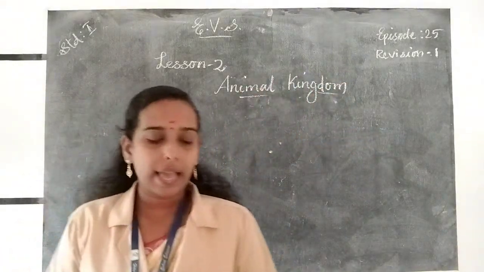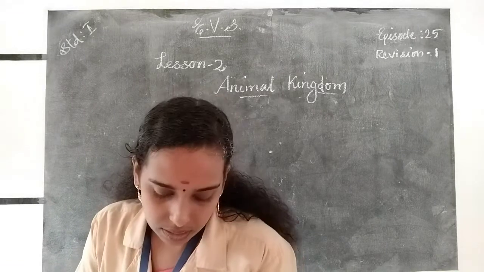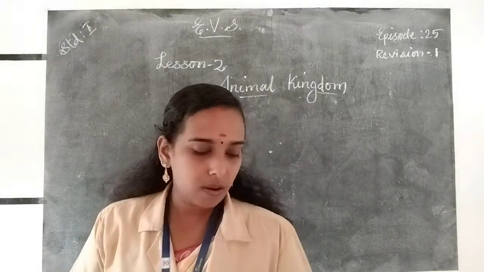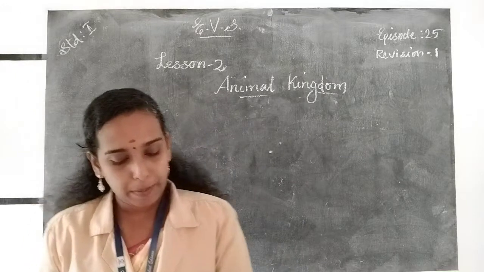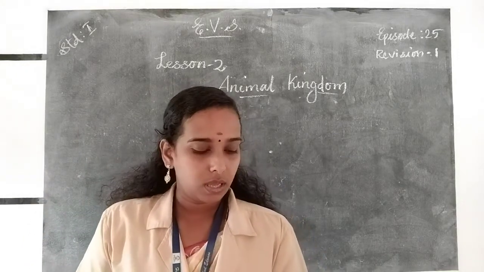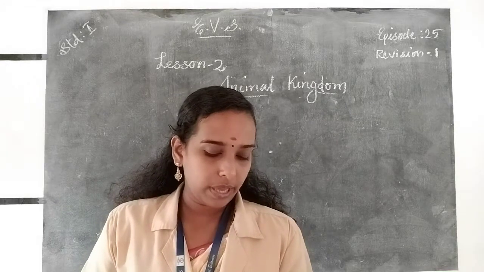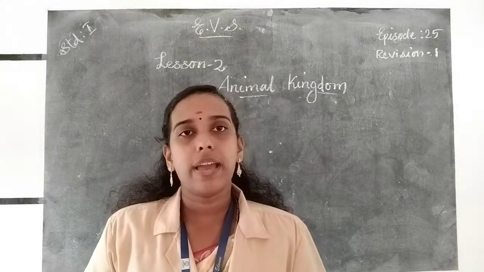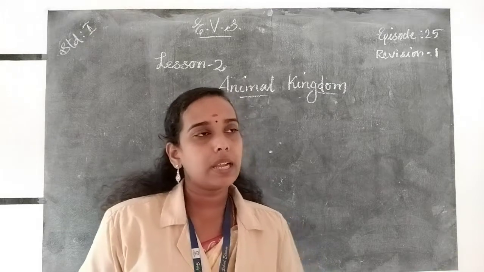Lesson 2, Animal Kingdom. And in that chapter we also discussed types of animals, then animal sounds. Okay, so here, types of animals. So which are the different types of animals?